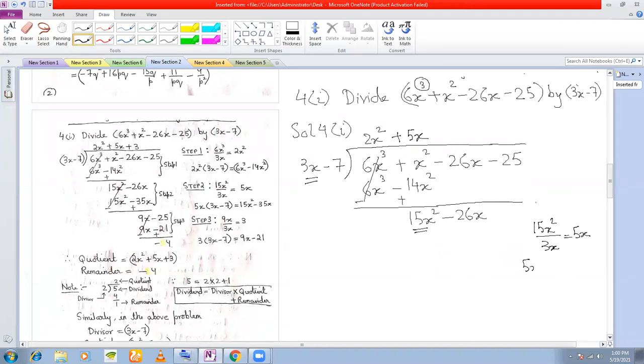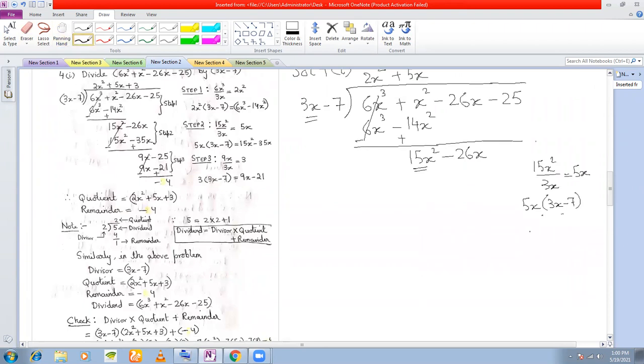Now this plus 5x you multiply with the divisor to get 15x square minus 35x. So how do you get 15x square there? This is multiplication of a monomial by a polynomial. I've already shown you all this. 5x into 3x, right?